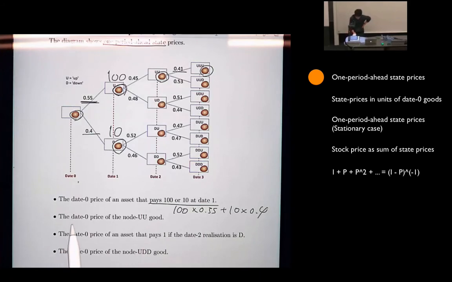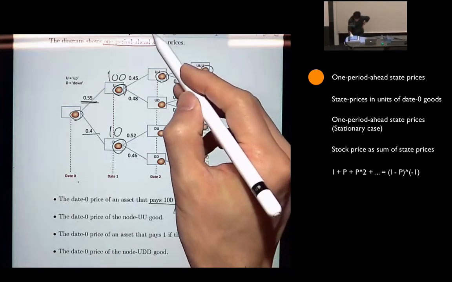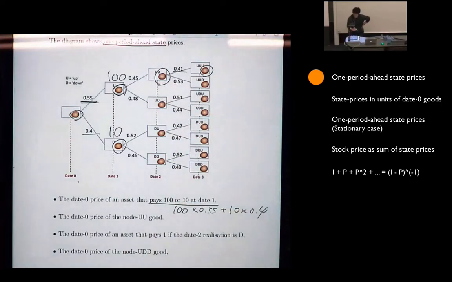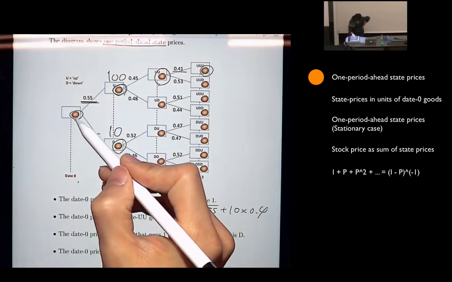Question 2, what is the date 0 price of the node UU good? What is the price of this potato in units of this potato?